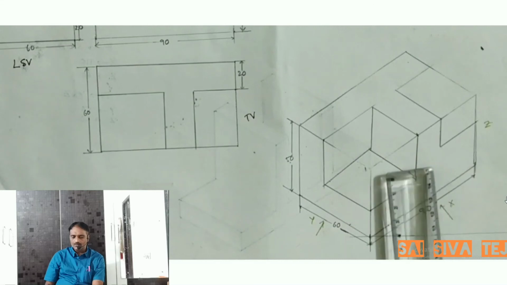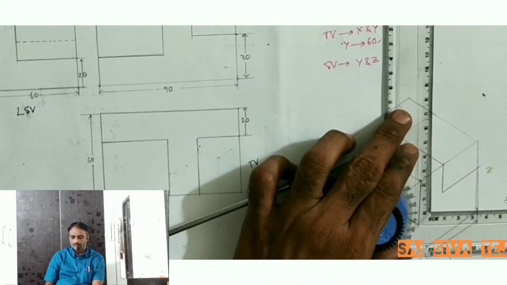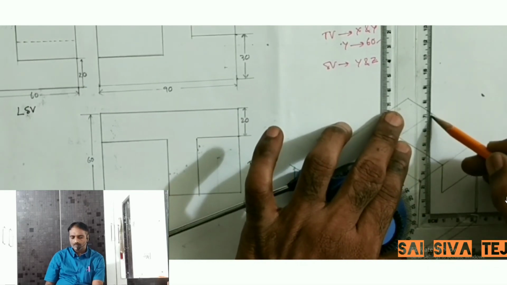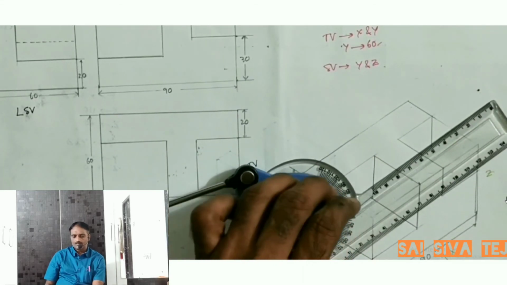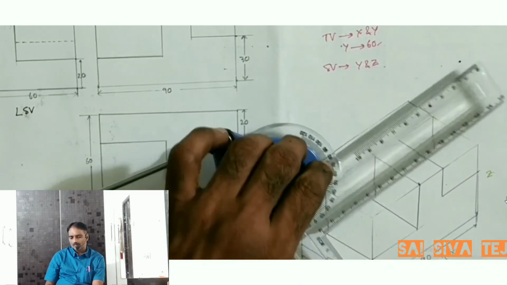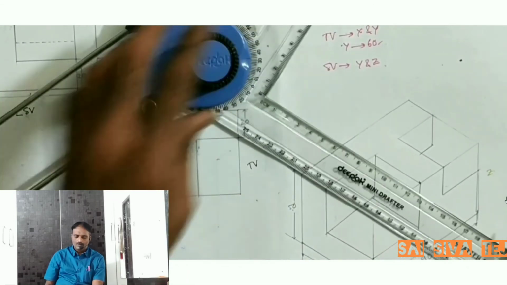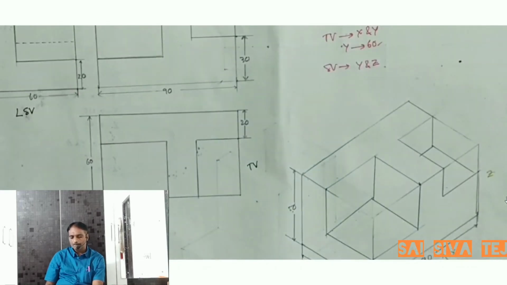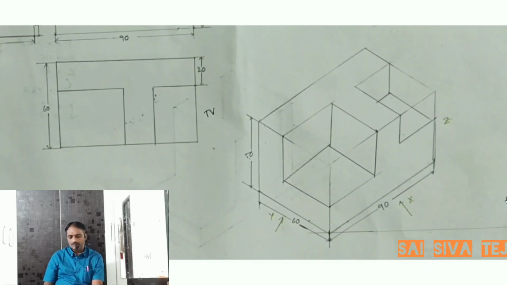So from there it is 20 units. That's it. Now let us make it a little bit more dark so that we can have the clear picture.